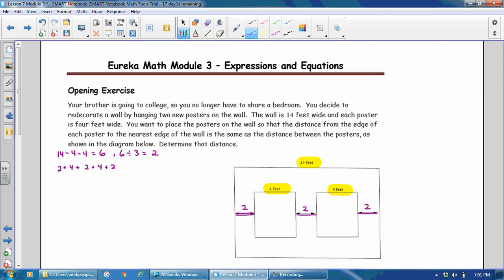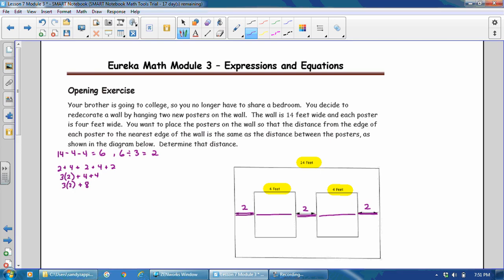That's 2 feet plus 4 feet plus 2 feet plus 4 feet plus 2 feet. This is based upon already knowing the answer. You can also think of this as 3 groups of 2 plus 4 plus 4. Also, you can think of that as 3 groups of 2 plus 8.